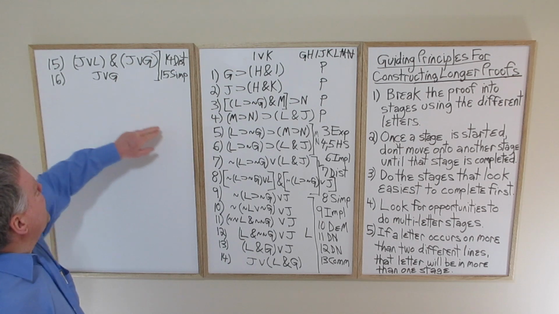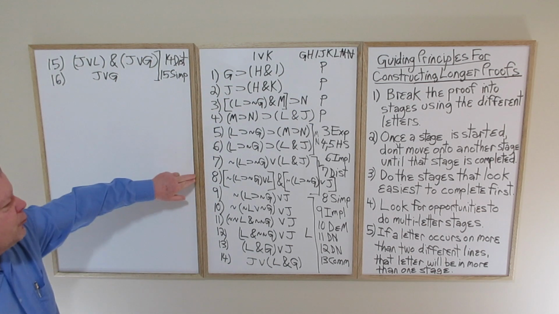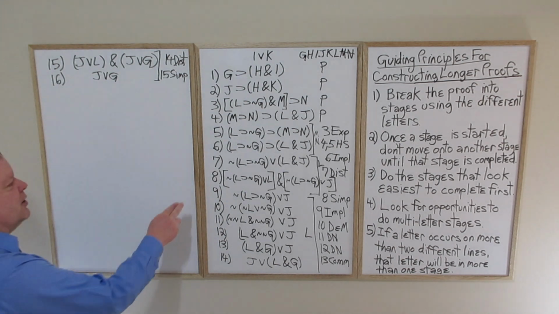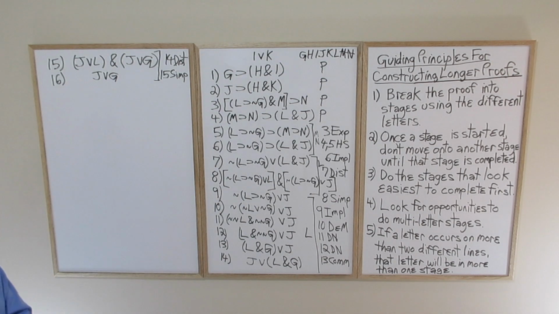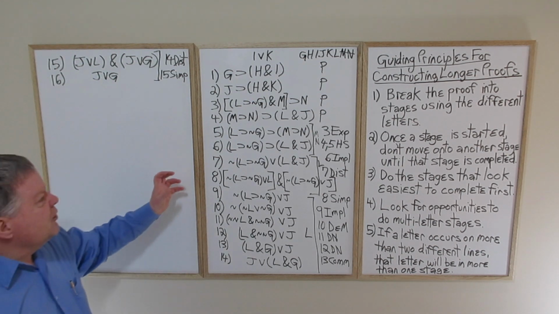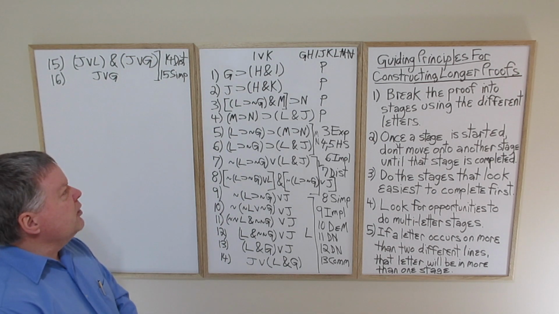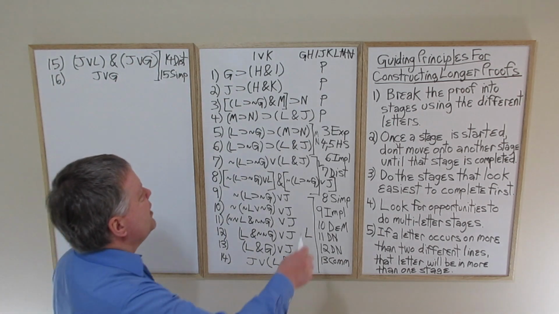Notice then, from line 7 to line 16, it took us 9 lines in total, 2 different stages to remove the 2 occurrences of L-related information from line 7 in order to end up with J or G. If you weren't thinking in terms of stages, you definitely don't want to be randomly looking for rule employment opportunities. We want to be very strategic.